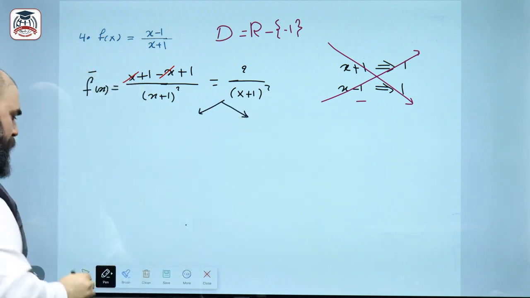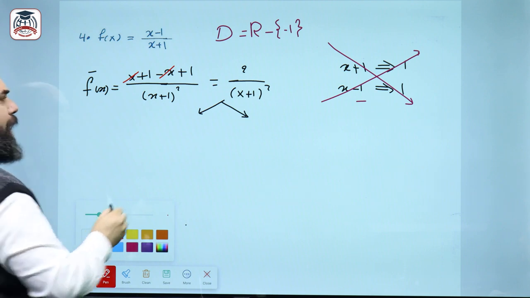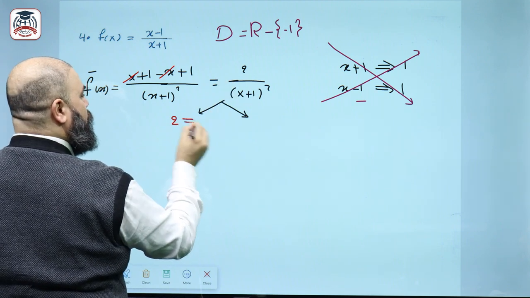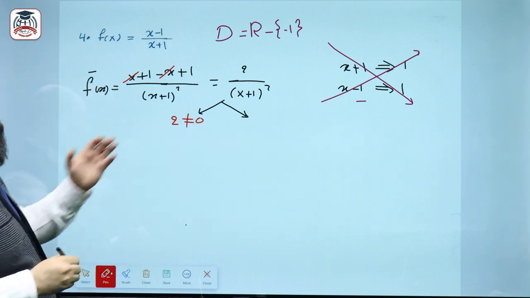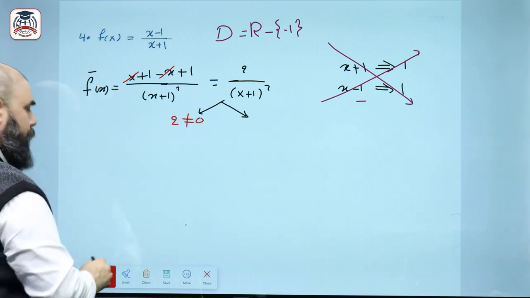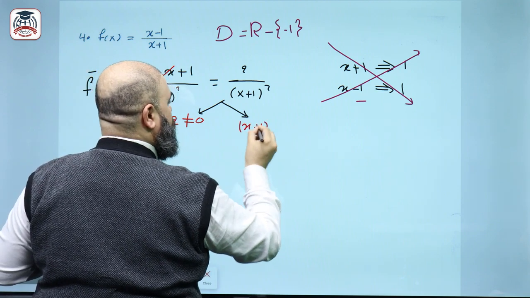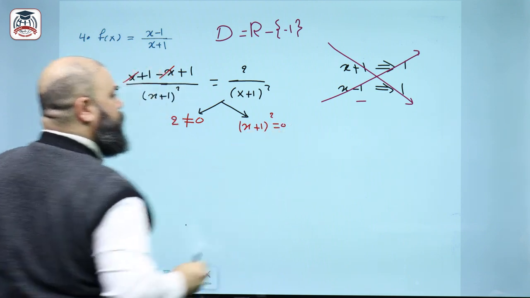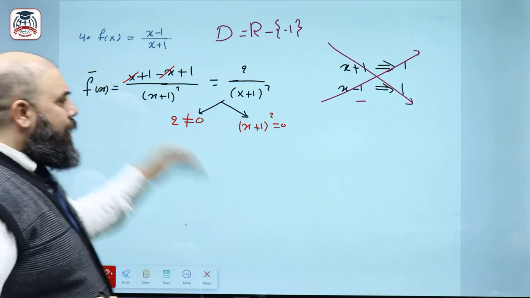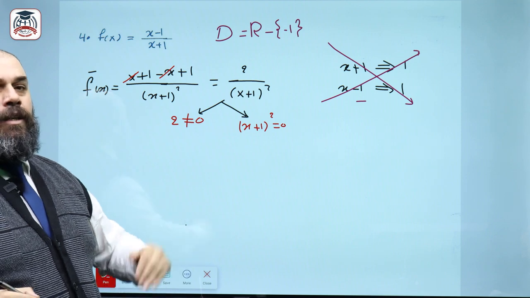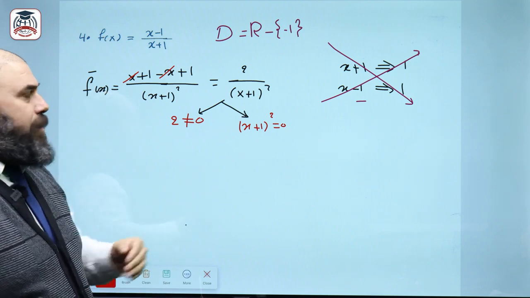When we have a fraction, the numerator equal to 0 is not possible because 2 is not 0. Let the denominator equal to 0: x plus 1 squared equal to 0. Any base with any power equal to 0 means the base inside is 0.